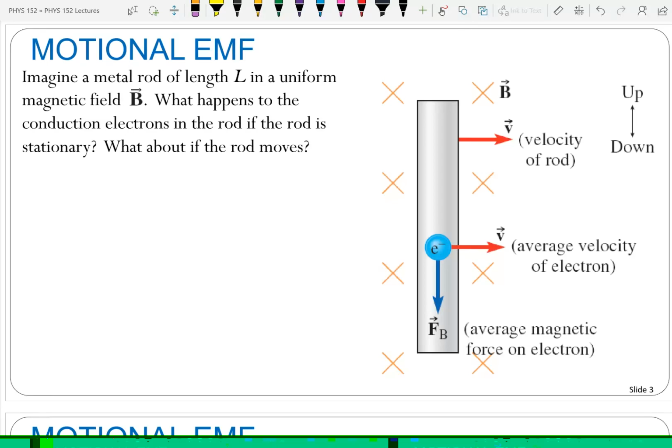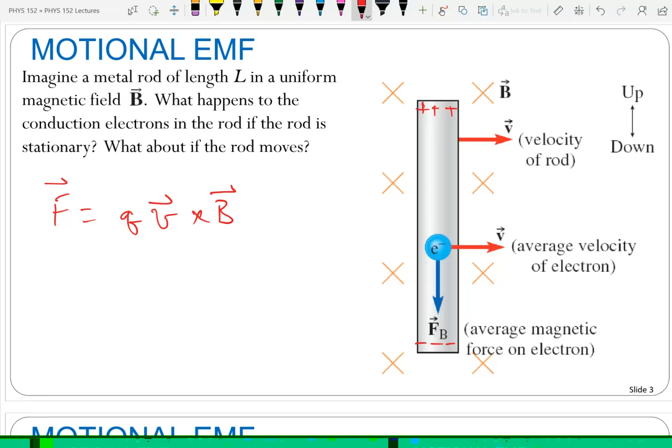And so using our force equation, force is equal to Q V cross B, I can calculate how big the force is going to be on that charge. And so there's going to be a force pushing the charge, and that's going to create an electric field because I will end up having a bunch of electrons down here leaving a positive charge here.